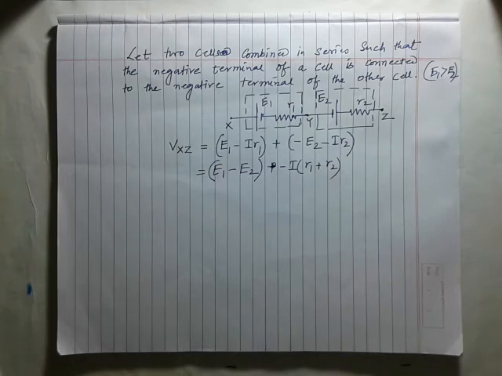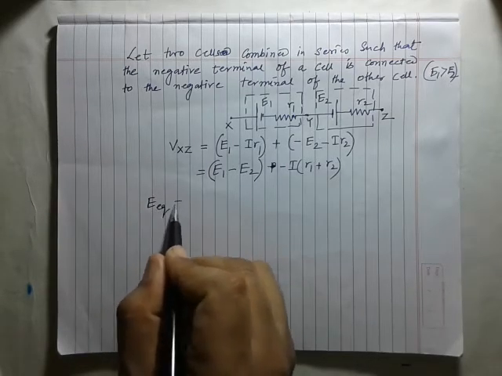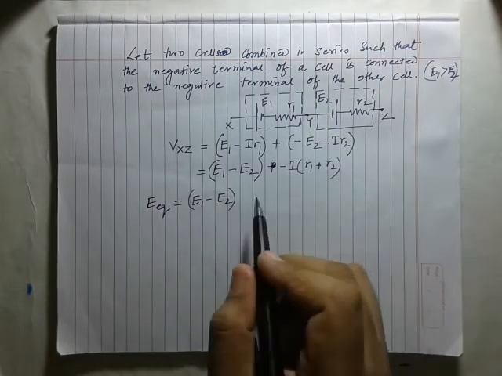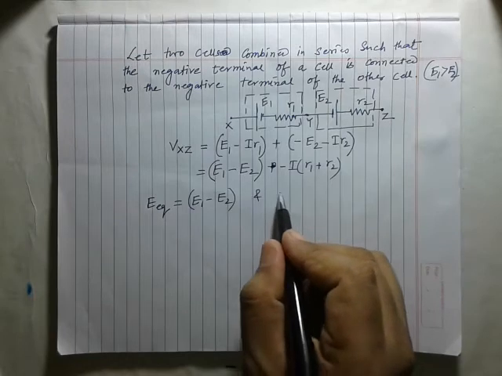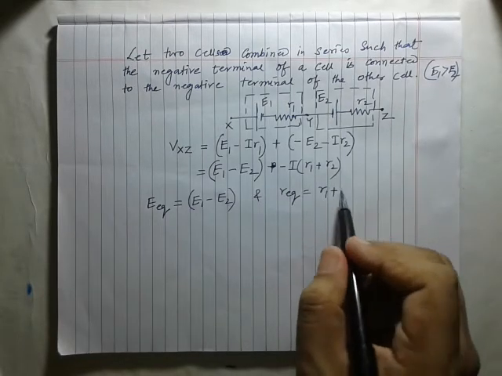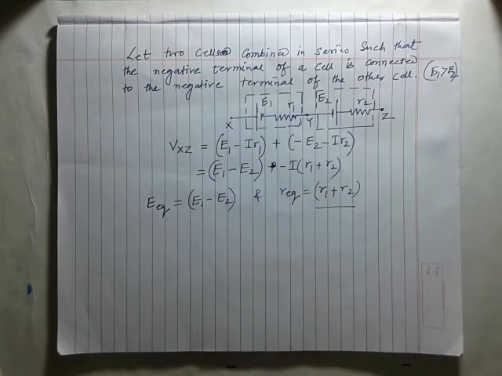So in this case, the equivalent EMF will be E1 minus E2. So you can write E equivalent is equal to E1 minus E2, and R equivalent will be equal to R1 plus R2. So these are the two differences here.